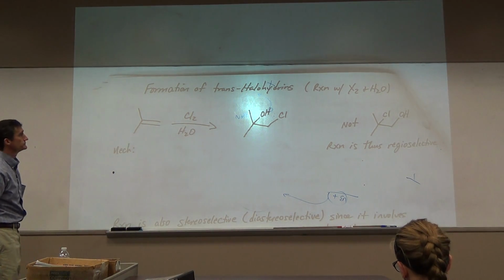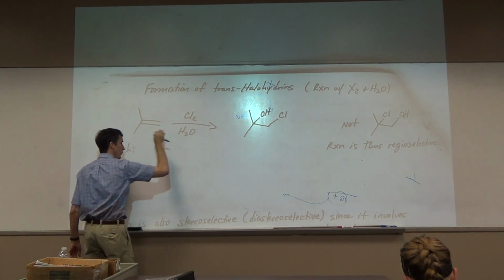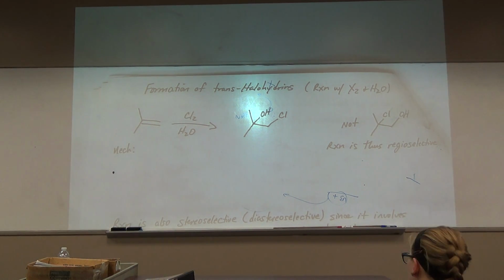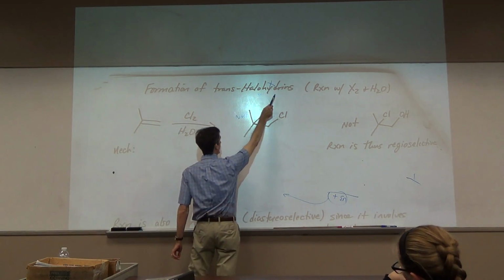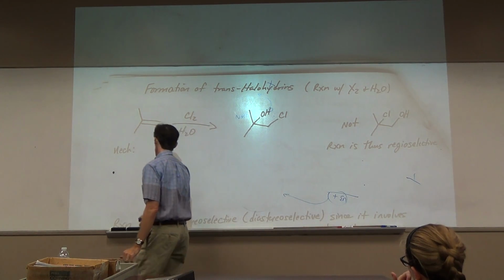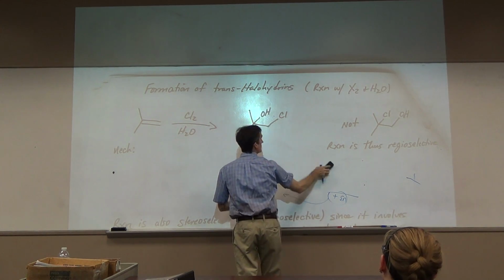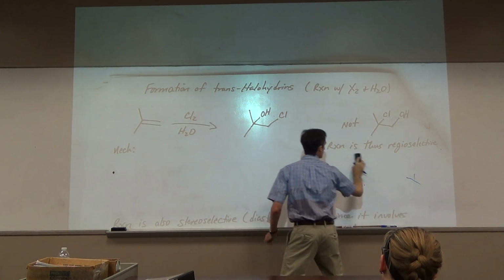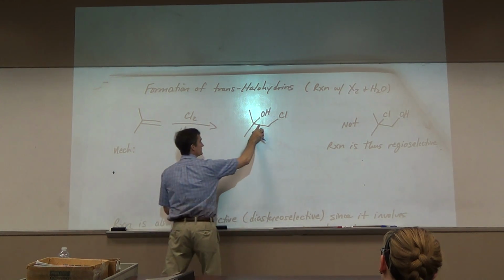Next reaction. Here we're going to react with a halogen, but we're going to include water. When you include water here, you get a trans halohydrin. It will be trans.